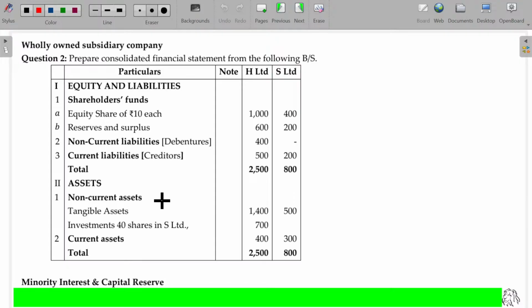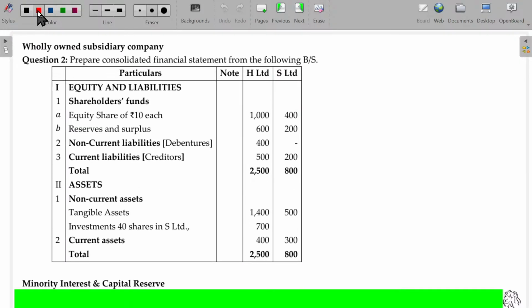In the next case, wholly owned subsidiary company. Again, here also 40 shares. Now, what about the net worth of S Limited? 600. How much is the payment, the cost of acquisition? 700 rupees. What does it mean? You are paying more. If you are paying more, then that excess payment will be called goodwill. So, the 100 rupees will be non-current assets, intangible assets, goodwill.